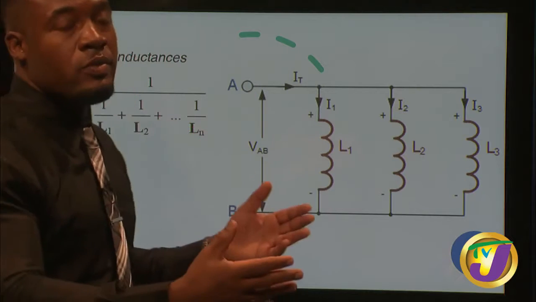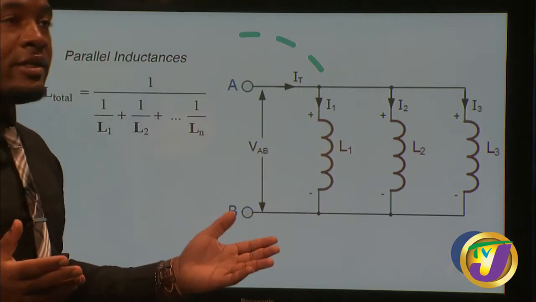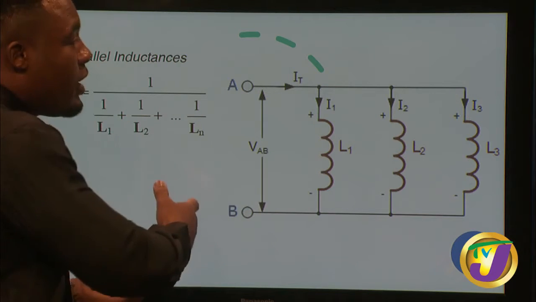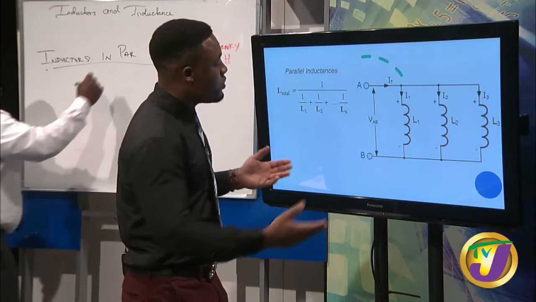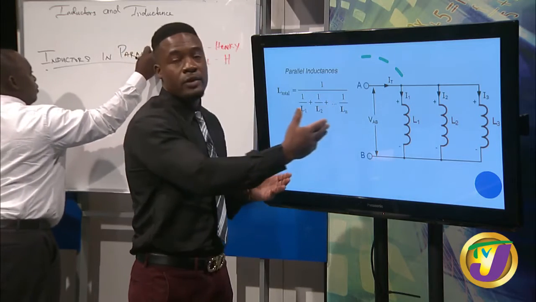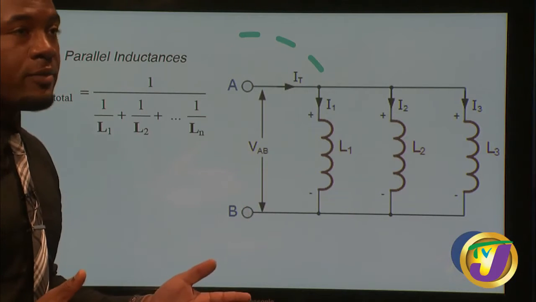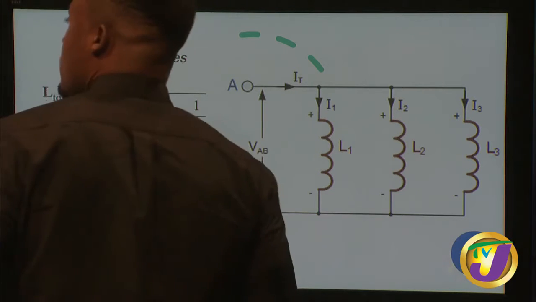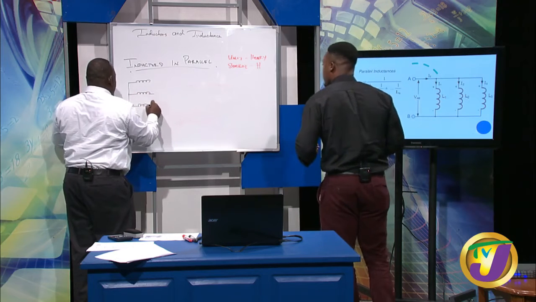And just as with inductors in series, you can have a varying amount of inductors within any given circuit. So you would continue using this formula just the same to suit the circuit, right? And we're just going to be putting one of these examples on the board for you real quick.